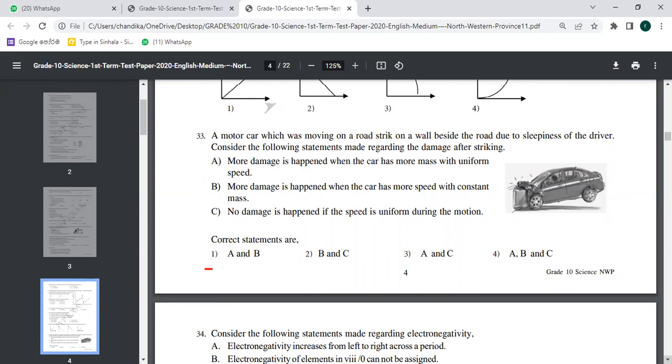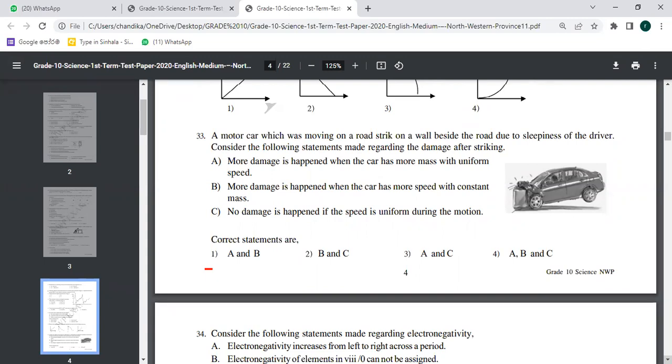A: More damage happened when the car has more mass with uniform speed. B: More damage happened when the car has more speed with constant mass. C: No damage happened if the speed is uniform during the motion. Correct statement, what's your answer?